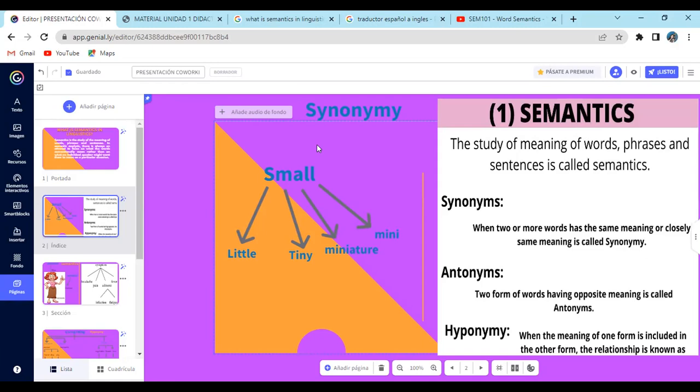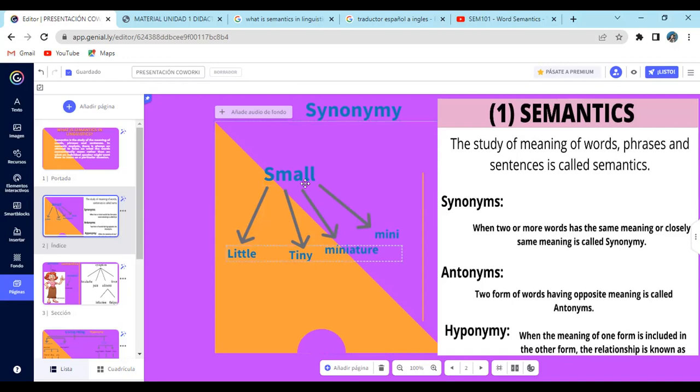For example, here we have small, and here we have the synonyms of small. We have little, tiny, miniature, and mini. This is synonyms, and this is semantics, because this is the meaning of this word.